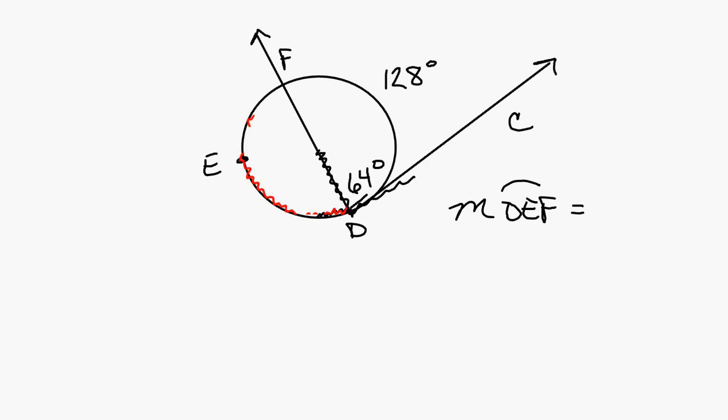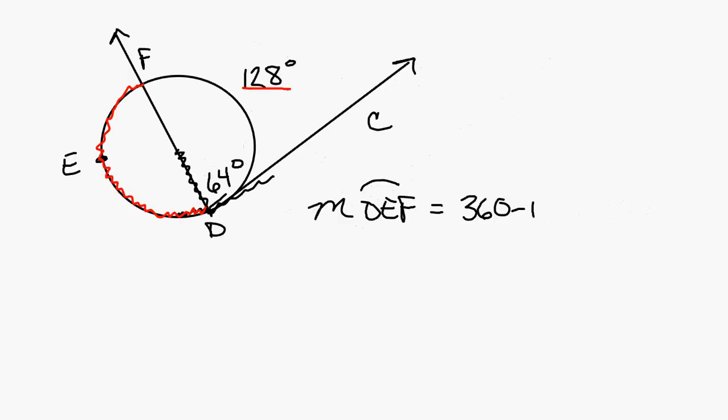So arc F to D and arc DEF have to sum to 360. So DEF is going to be equal to 360 minus 128. That's 232.